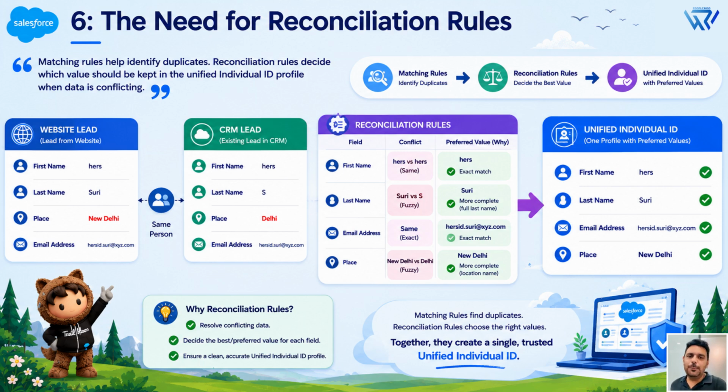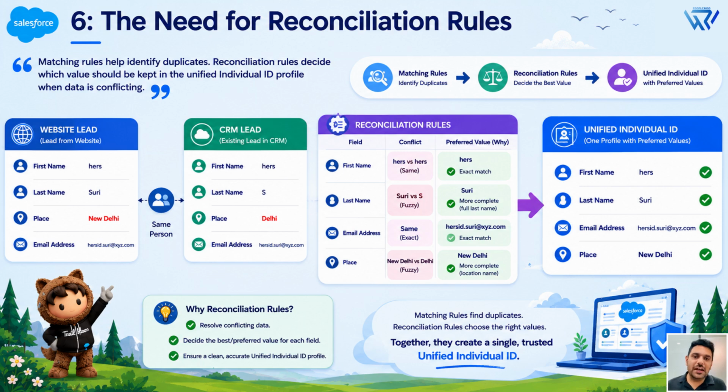Matching rules will help you identify duplicates. But once your profile is converted to a unified individual ID, that ID should also have some profile values, like the unified individual ID's first name, last name, email address, and place.